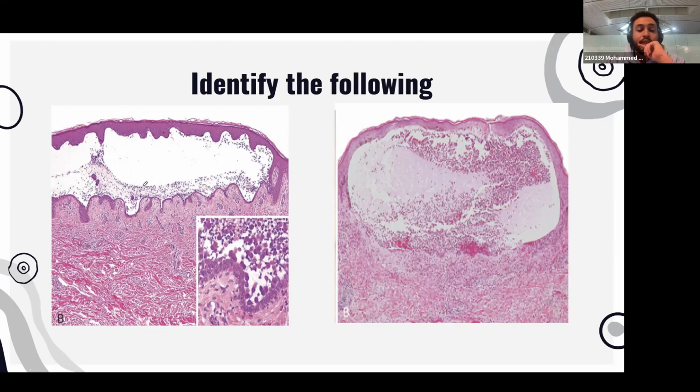Okay, good. What do I call this finding? The disruption between the epidermal cells, between the keratinocytes. Acantholysis. Good. Perfect.